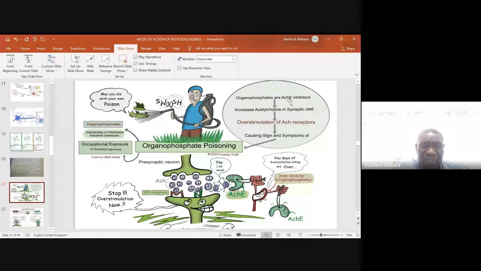So there's overstimulation in the synapses. This can cause some symptoms of organophosphate poisoning. And this is happening here, where we have the synapses.